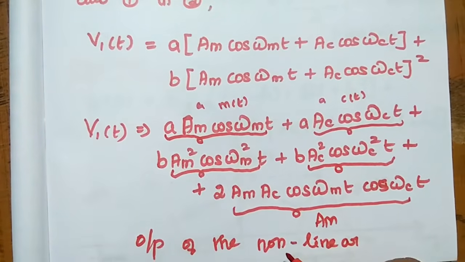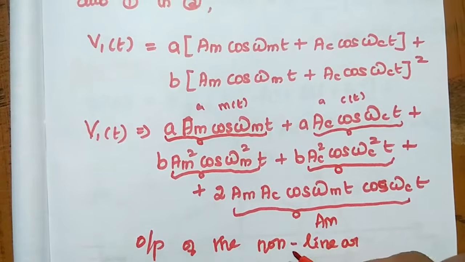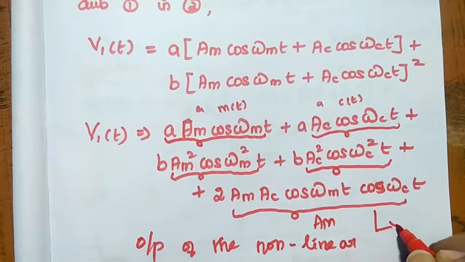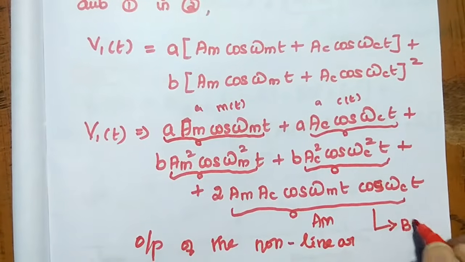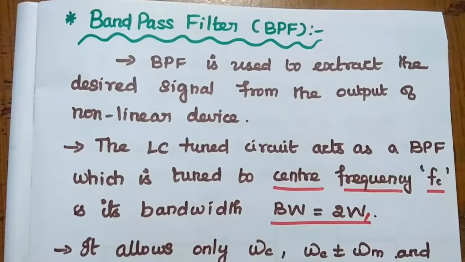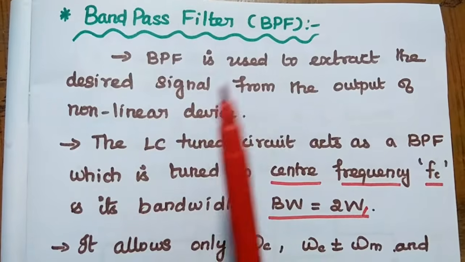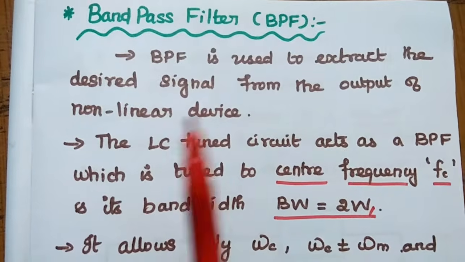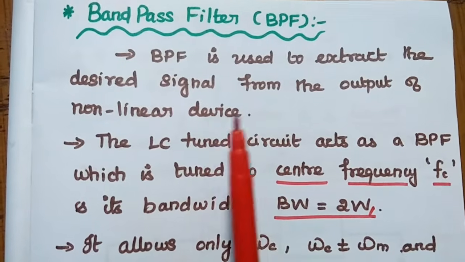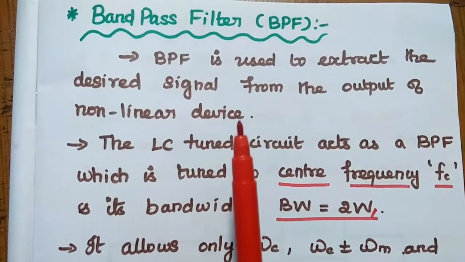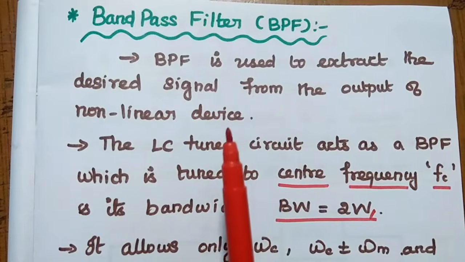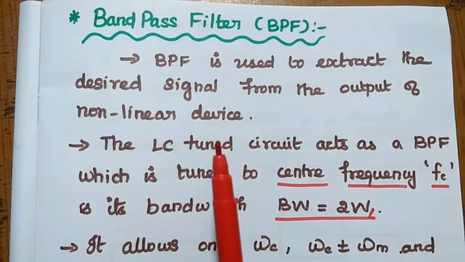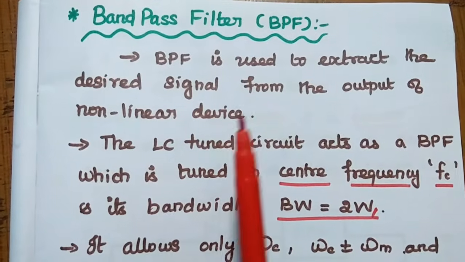After getting this output from the non-linear device, we give this signal to a band pass filter. The band pass filter is used to extract the desired signal from the output of the nonlinear device, because the output contains all the terms like modulating signal, carrier signal, squared modulating, squared carrier, and the amplitude modulated wave with sidebands.